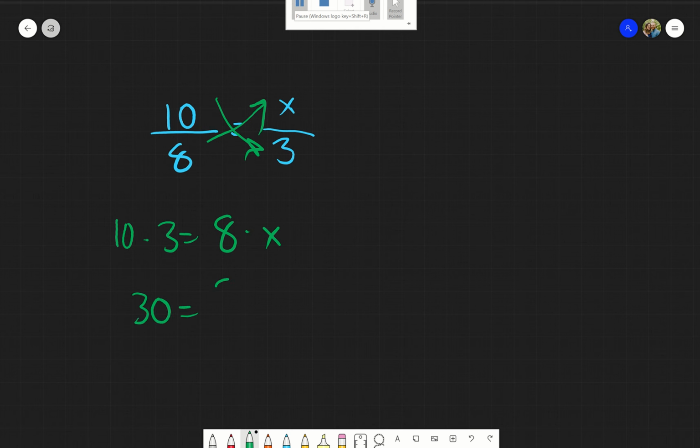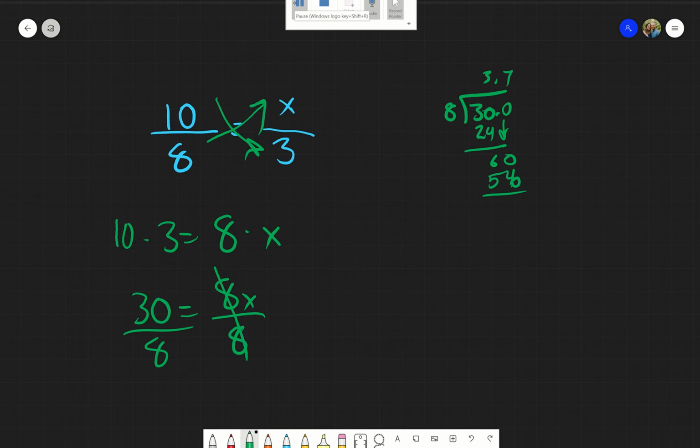This is 30 equals 8x. Divide by 8, divide by 8. 30 divided by 8 is going to be 3.75. So there would be our answer, 3.75.